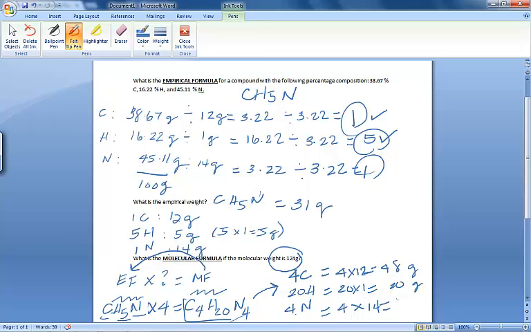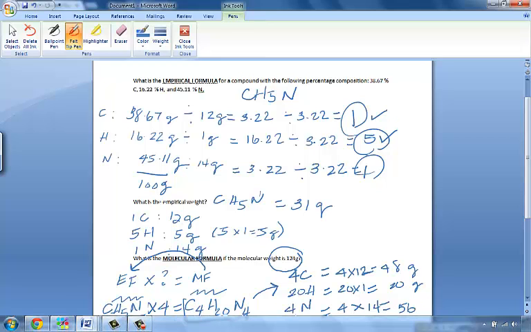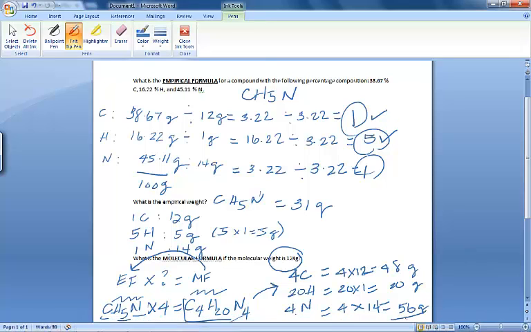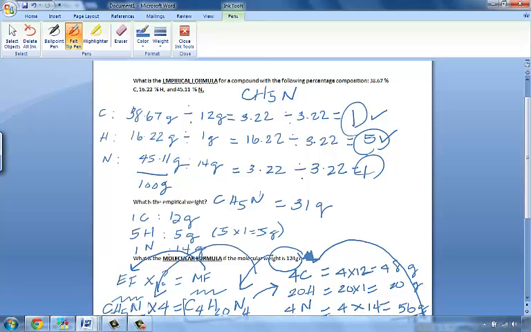So 4 times 14 would give us 56, if I'm not mistaken. And if I add 48 plus 20 plus 56, that would indeed give me 124 grams. So yes, 124 grams is the molecular weight of this molecular formula, which when simplified goes back to our empirical formula.